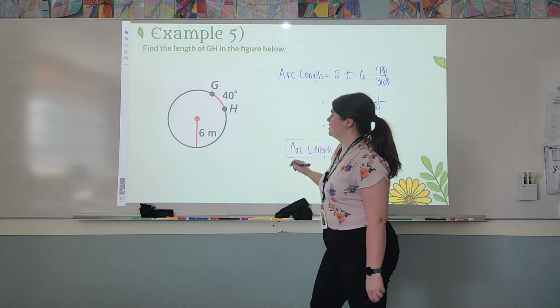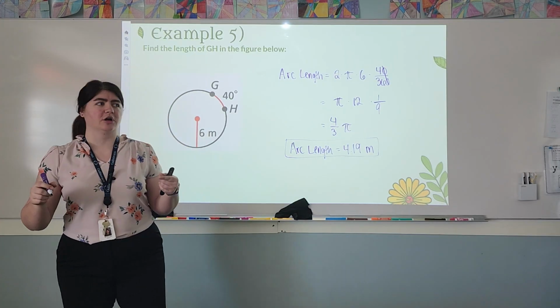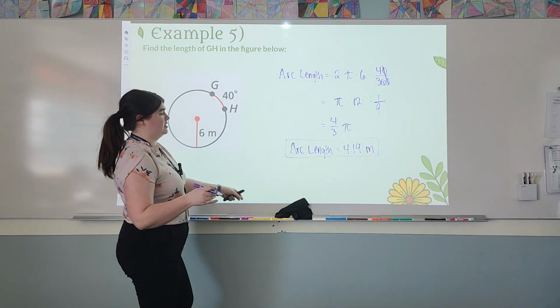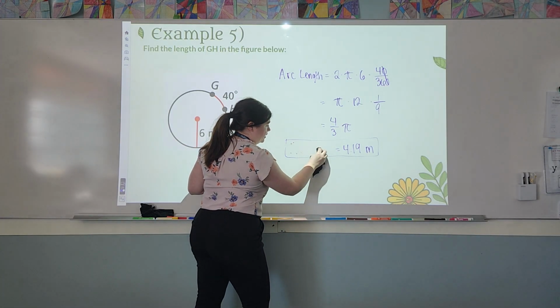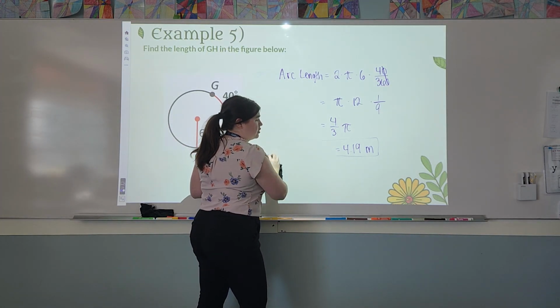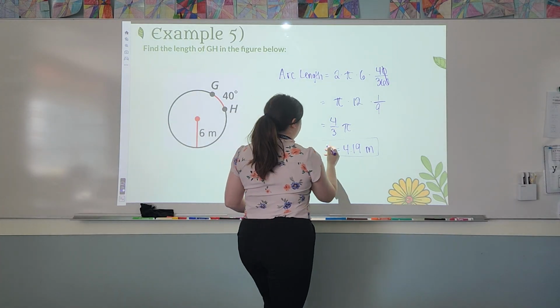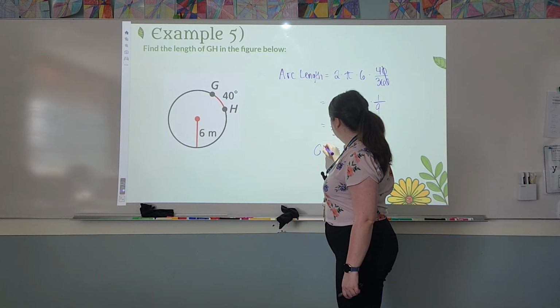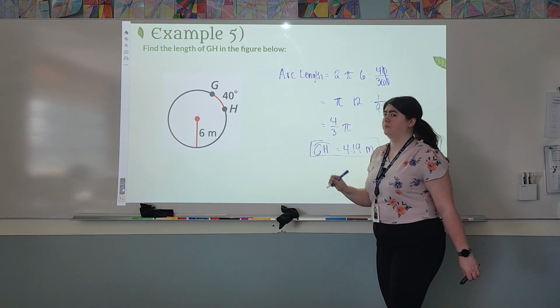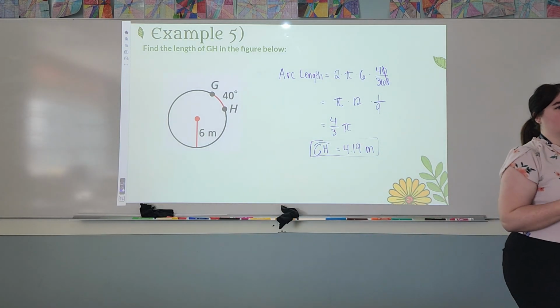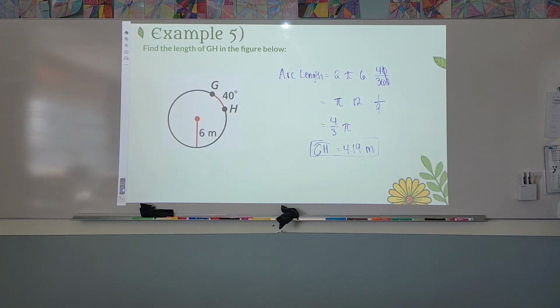And I did not mention this on the other one, but when we're solving arc length, instead of writing arc length, and this really would be the better choice here, we can just use the arc name. So I can say arc GH, and this time we don't put the M in front because the M was for the arc degree. This is for the arc length. So it's just arc GH is equal to 4.19 meters.